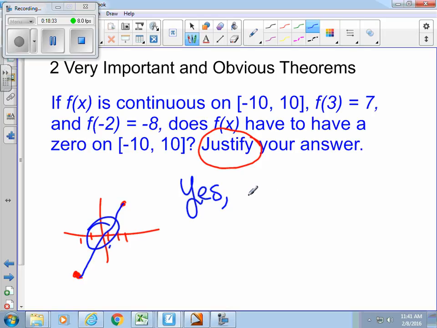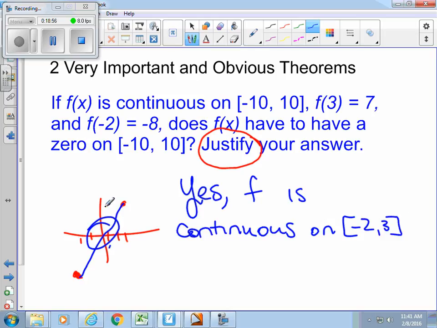Pretty much, to justify using a theorem, I'm going to restate the theorem except with my numbers plugged in. So I'm going to say f is continuous, and you could say from -10 to 10, or you could say from -2 to 3. It's up to you. Either way would be fine.